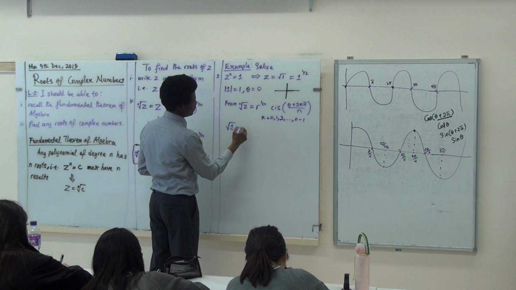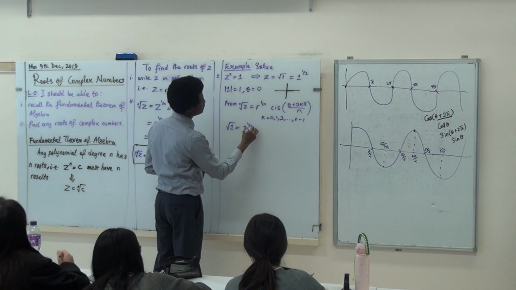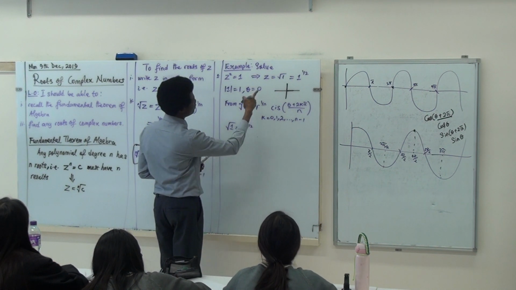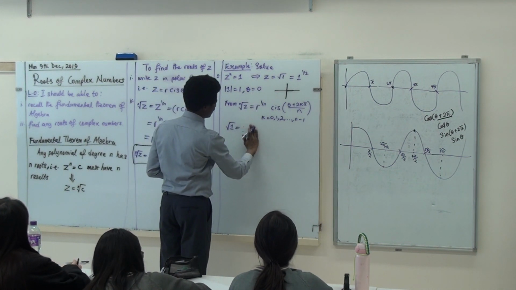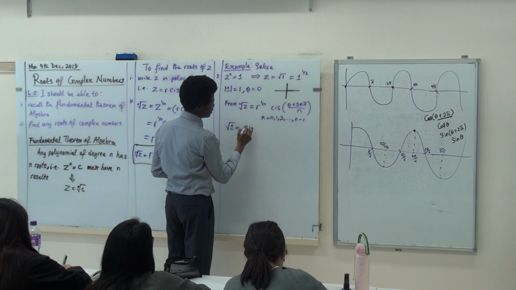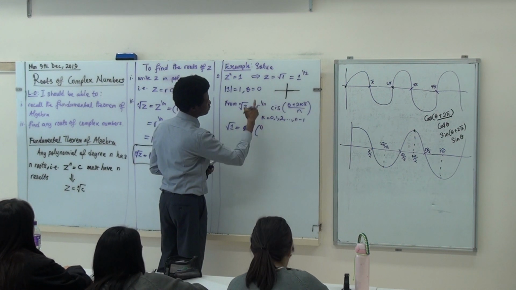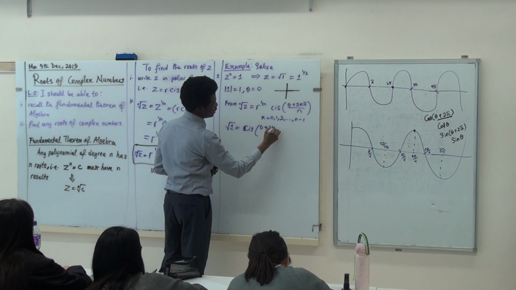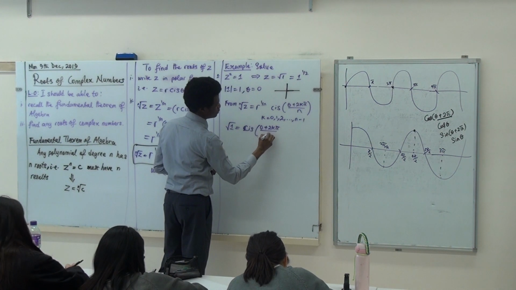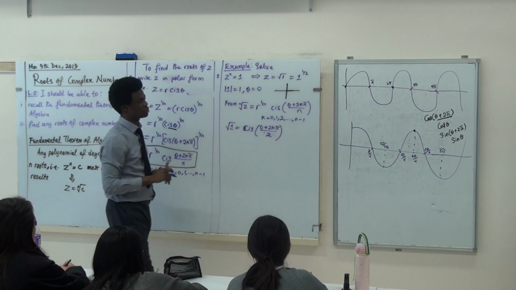In this case it will be 1 to power 1 over 2, yes? Actually because r is 1, we don't actually need to do that. So it's going to be 1 times CIS. Do you agree? Then this is 0 by default. Then this is going to be 2k pi over 2, because n is equal to 2.